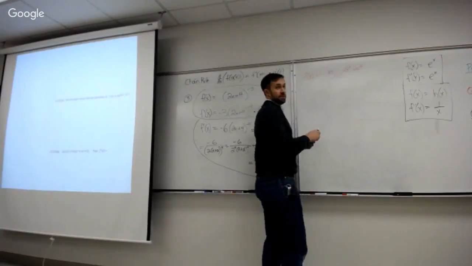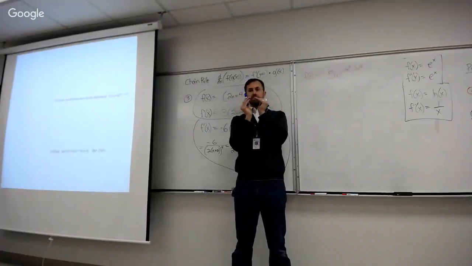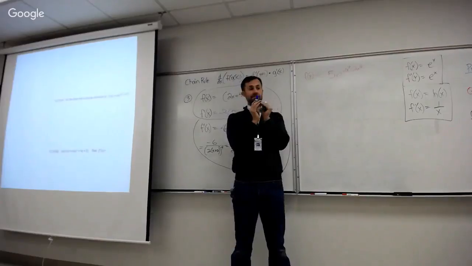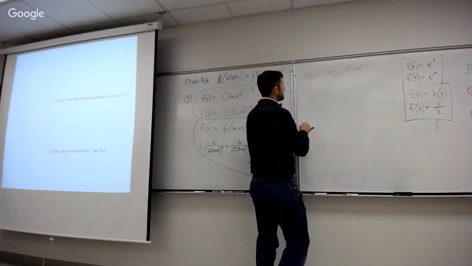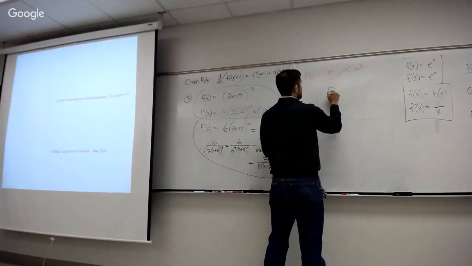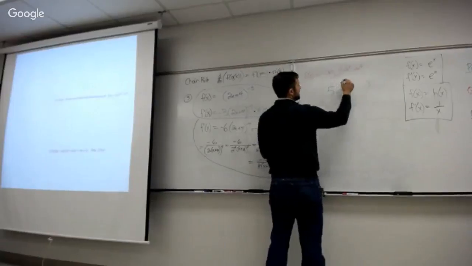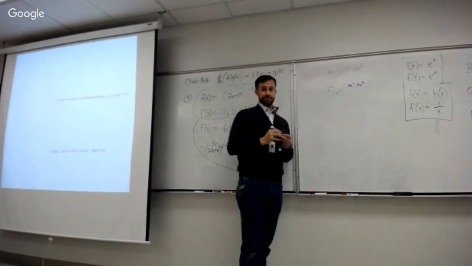What's the inside function? So if I were to write this again, I would write this as 5e to the something is my outside function, and 2x to the 7th minus 2x to the 8th is my inside function.